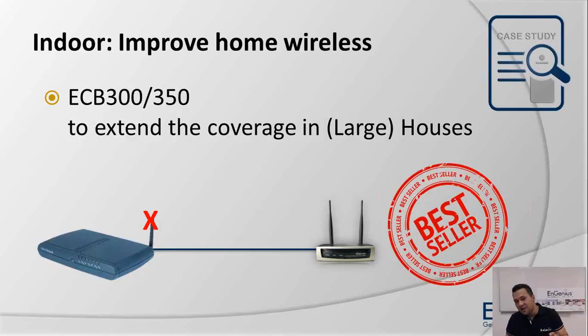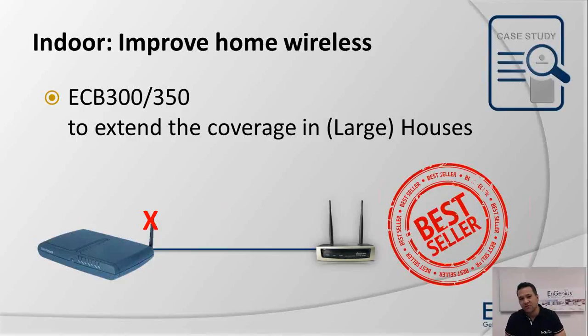But where we actually sell our ECB the best, in the biggest quantity, is that it's used by the end user to improve the coverage in large houses. They will just directly connect the ECB to their existing modem router, with or without disabling the wireless of the original router, and they will use our ECB to have coverage in the whole house instead of just one room.